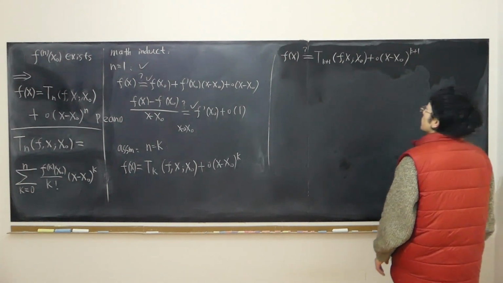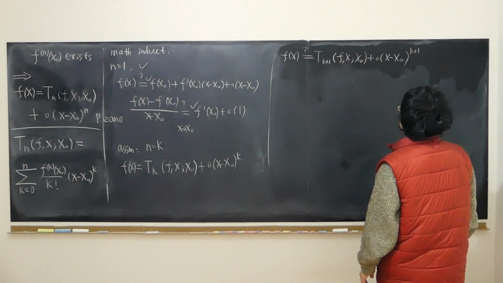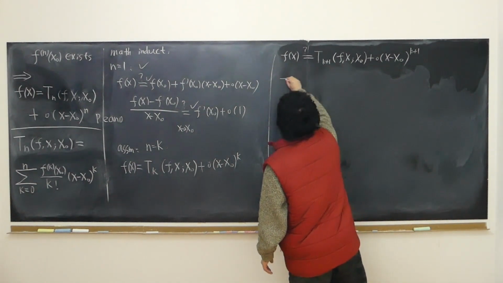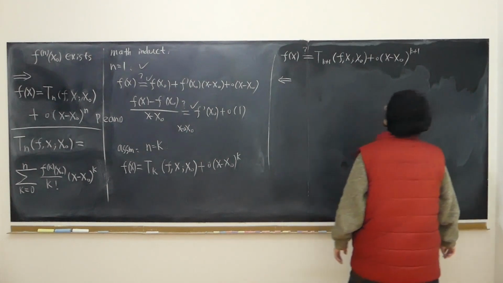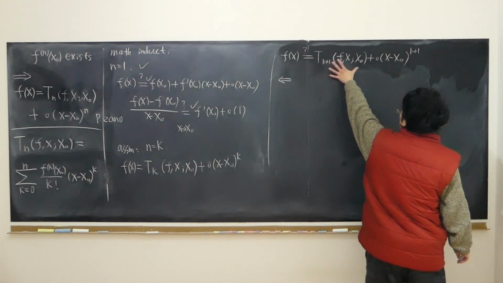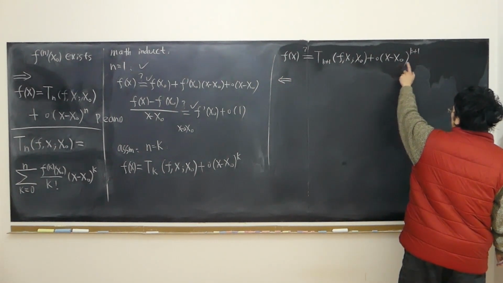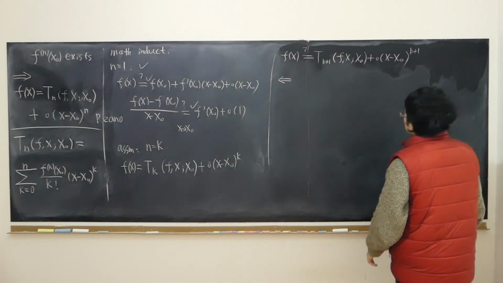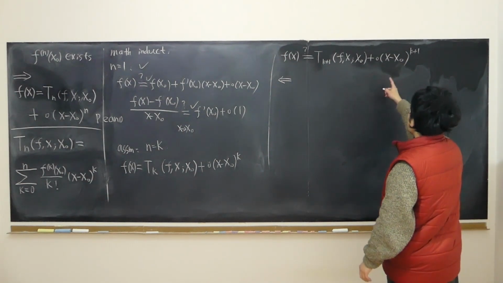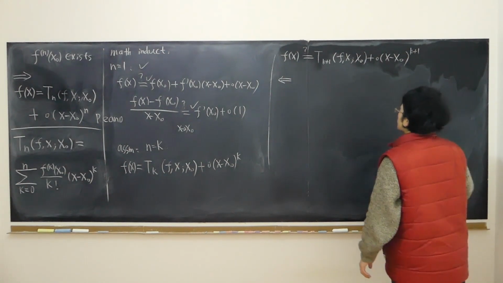We want to show the following equation. In other words, can we move this term over to the left-hand side and divide everything by (x minus x0) to the power of k plus 1, and we're left with just little o of 1 on the right-hand side? Can we show that?